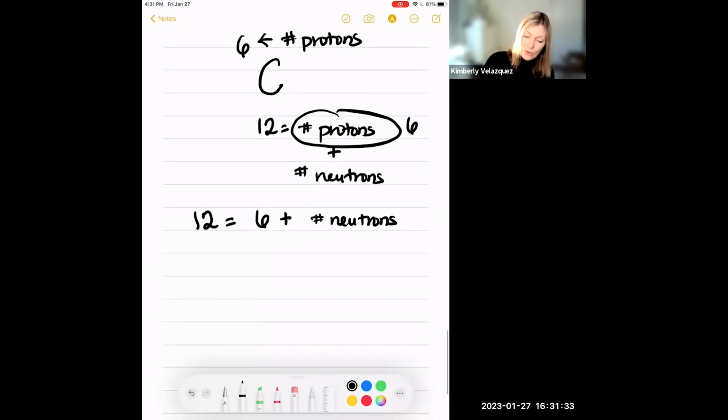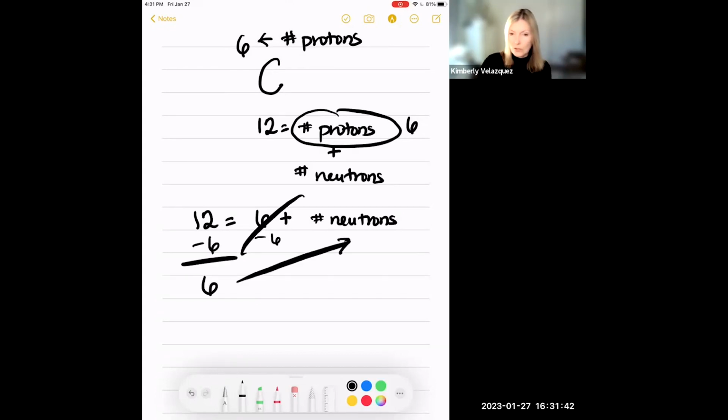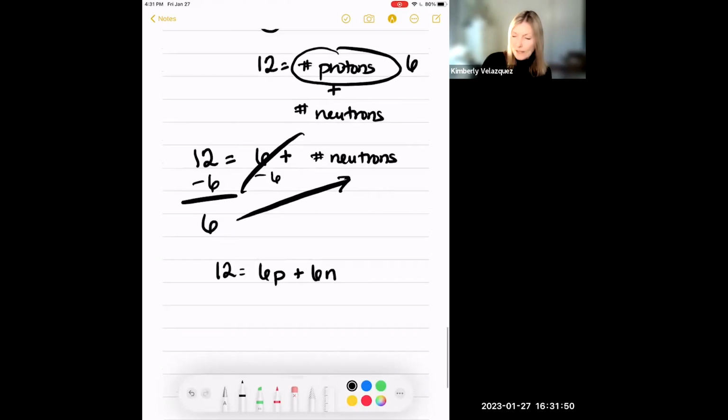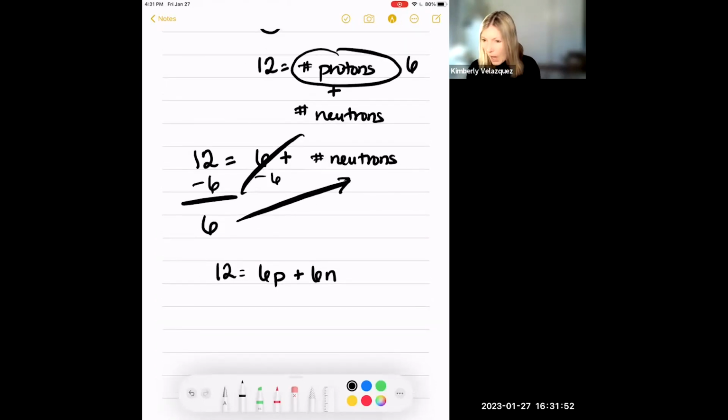So to get the number of neutrons, all we have to do is subtract 6 from each side. That means that carbon has 6 neutrons. So that 12 is 6 protons plus 6 neutrons. Why is it the number? It's because they each weigh 1. So it would be 6 times 1 Dalton plus 6 times 1 Dalton. And anything times 1 is its own number.